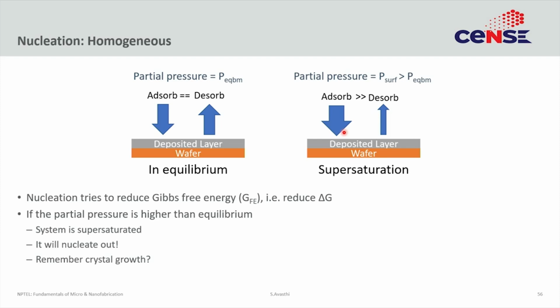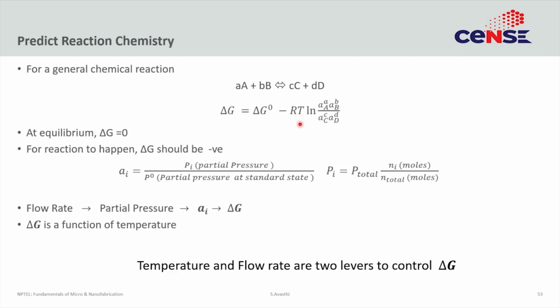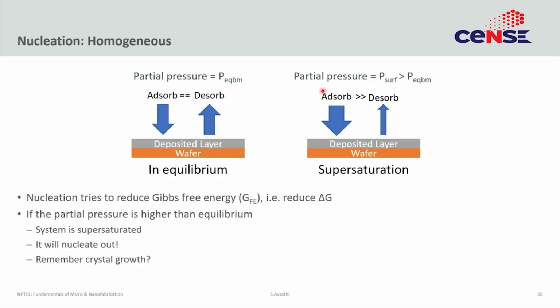So you have set the pressures in this reaction in such a manner that this delta G is negative. This reaction is moving from the left hand side to the right hand side, and as it does, you are depositing more and more of the material on top of the wafer. Now the system is supersaturated and the delta G is negative.